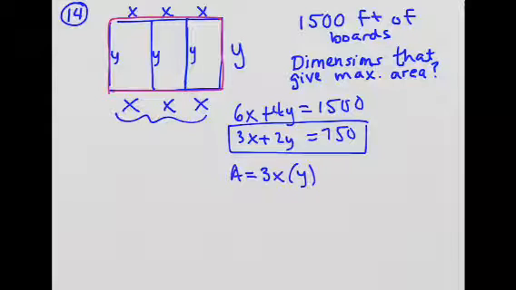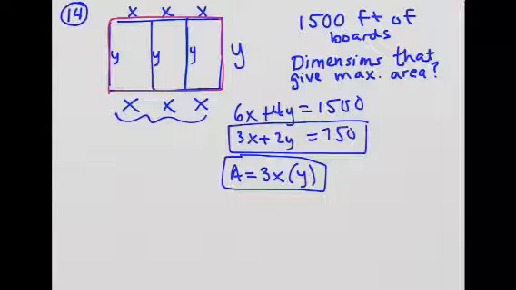So I have a system of two equations right here, and I notice that right here I have a y that I can solve for, and I could substitute it in here, so that I could have an equation for the area in terms of x. So I can eliminate one of my variables by solving for y in the first equation and then substituting. And that's what I'm going to do in the next step.